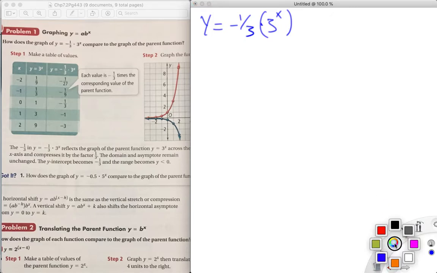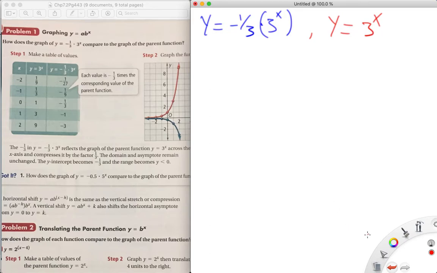Its parent graph, we would compare it to is y equals 3 raised to the x, because that's my b. Y equals 3 to the x.